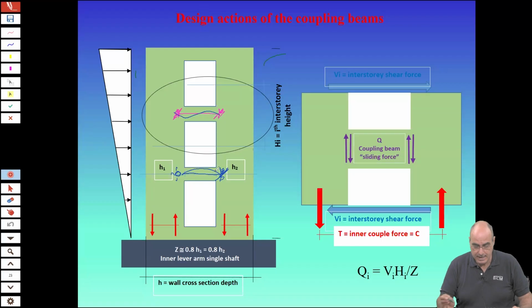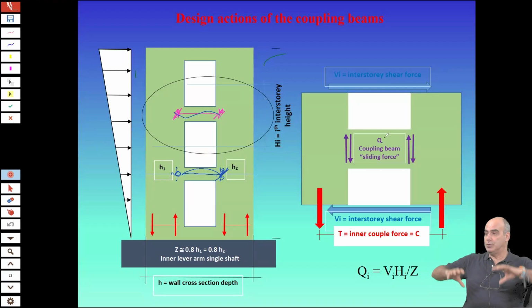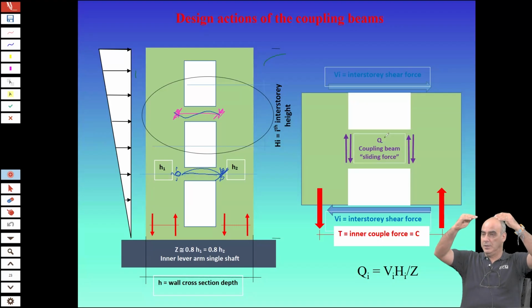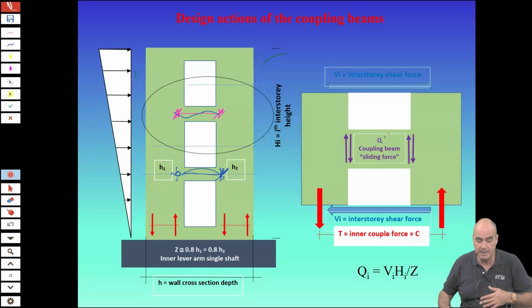model. How do we need to calculate these forces here? You know, the force that the coupling beam must transmit from one wall to the other. So let's single out a module of the wall, which is an interstory one. So you have the coupling beam at the center, half of the opening on the top, half of the opening on the bottom. And the interstory depth is capital H_i.